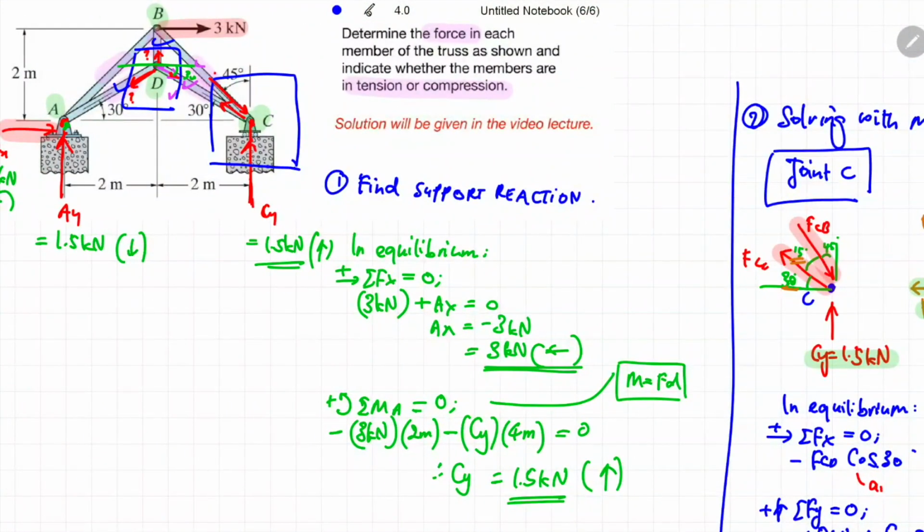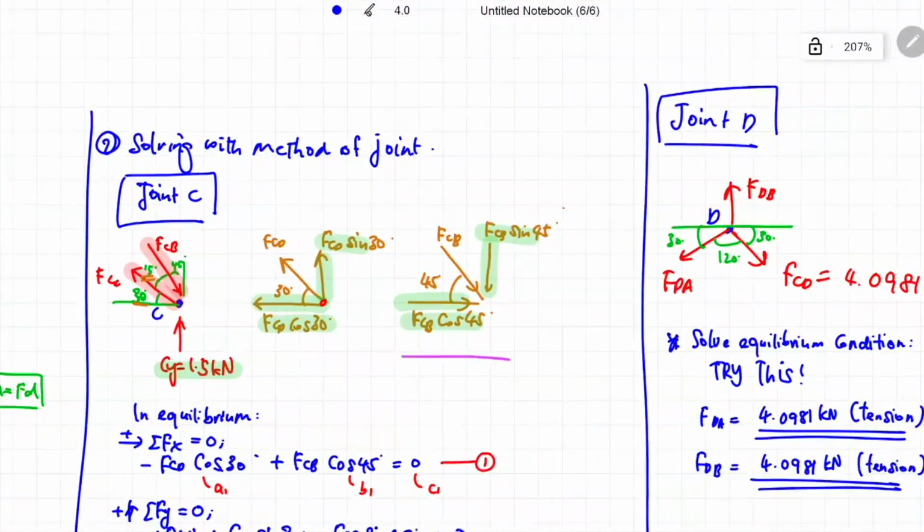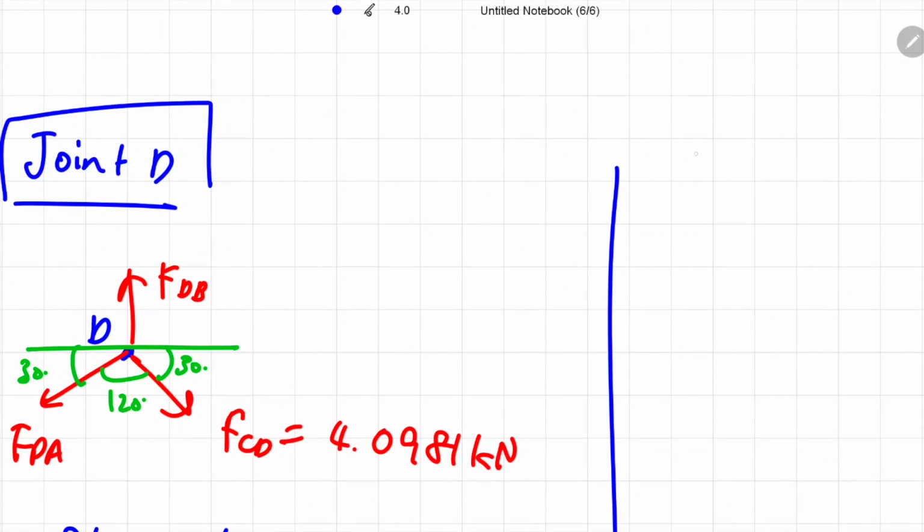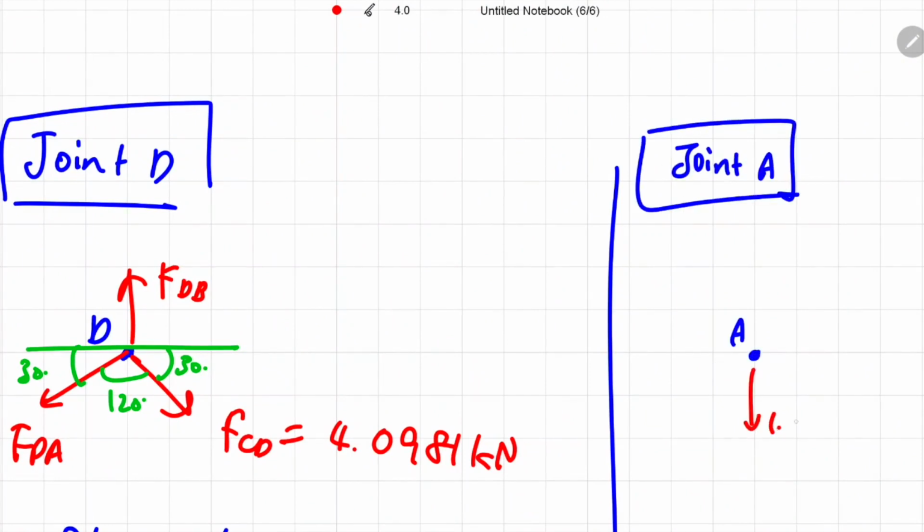Okay, looking back to our truss structure, there is only one unknown force at member AB. So it's up to you whether you want to proceed the analysis at joint A or joint B. If I were to proceed my analysis at joint A, I'm going to draw the free body diagram at that particular joint, and then similarly apply the equilibrium condition.